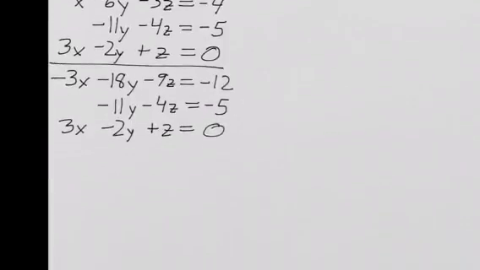And now I'm going to add the first and third equations together and make that my third equation. And we'll also in this step go ahead and divide both sides of the first equation by -3, just to take it back to my original statement.